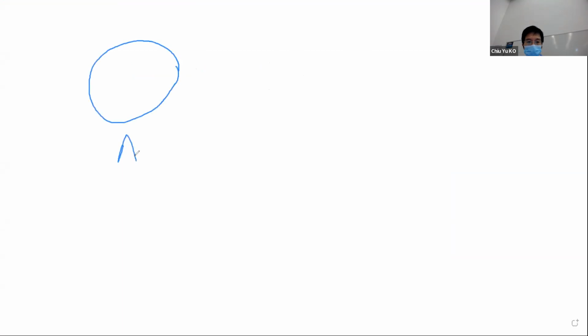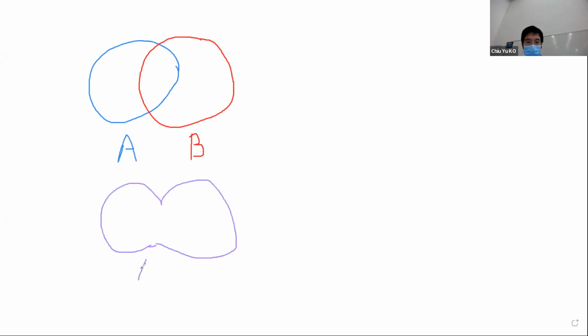This is A, and this is B. You can tell me, right, this is A union B, and this small guy will be A intersect B. If you try to draw this, A intersect B is here.